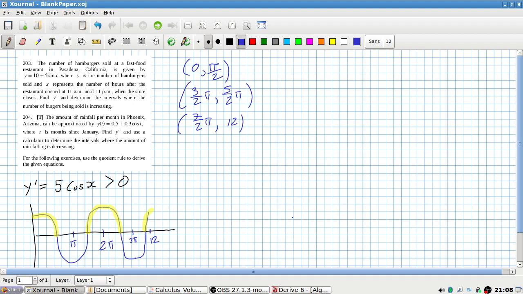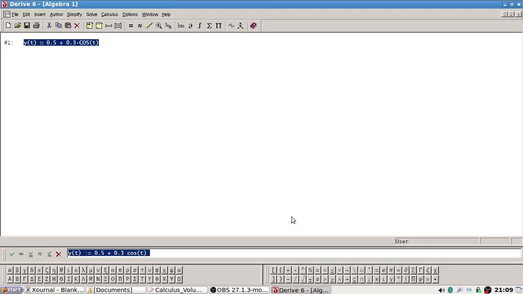Well, what's the unit? Why do they not tell me the unit? So y is some mysterious unit for rainfall. Who knows? Inches, centimeters, furlongs. Find y dash and use a calculator to determine the intervals when the amount of rain falling is decreasing. Okie dokie.